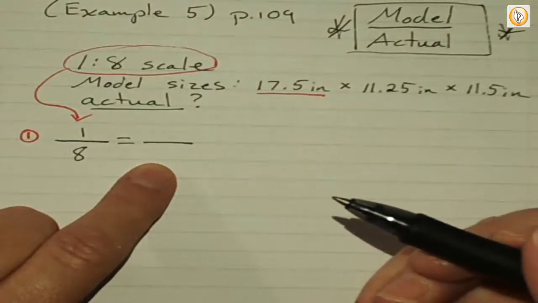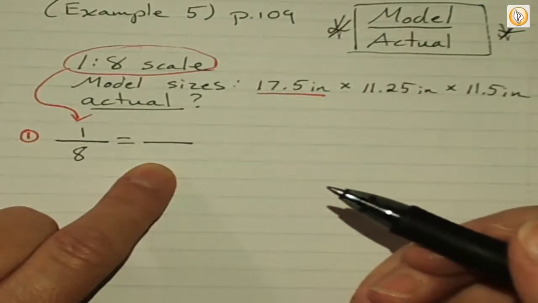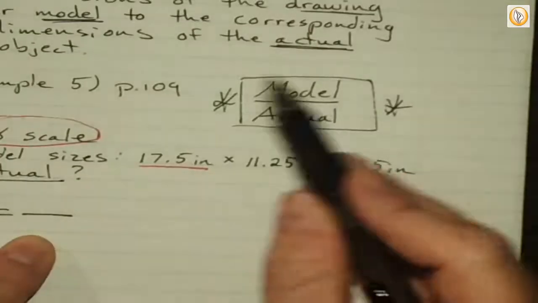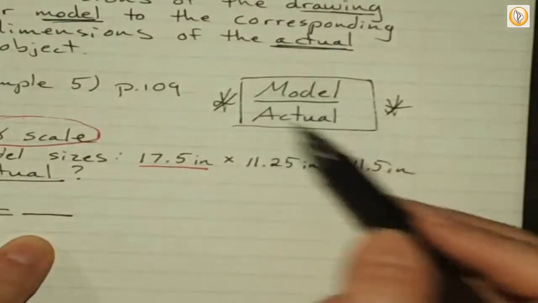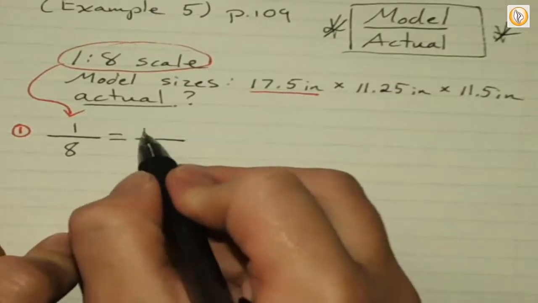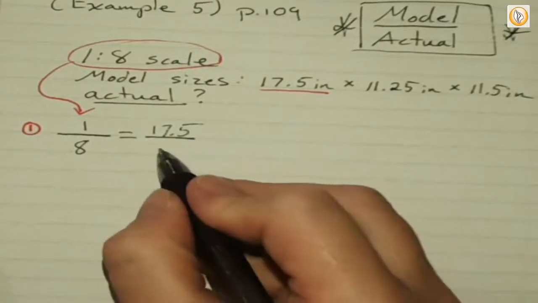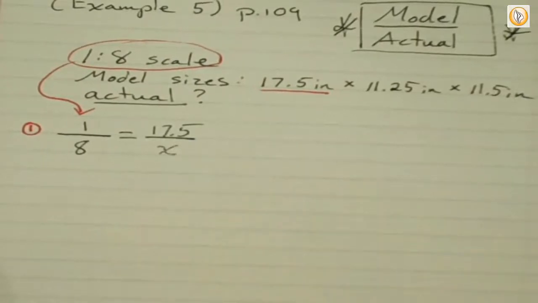Let me give you a hint. See this? Model over actual. And this number, is that the model or the actual? There you go. That's your model. It goes on top. We're looking for actual, so I'm going to have an X there.